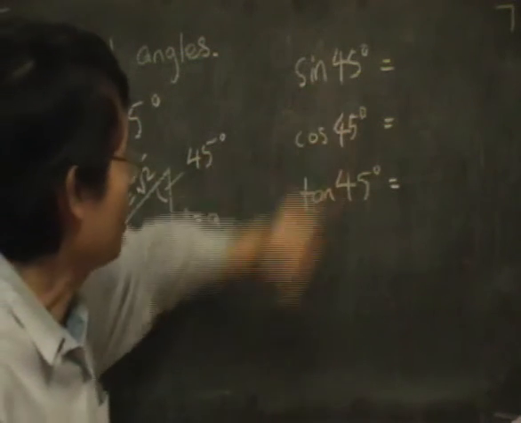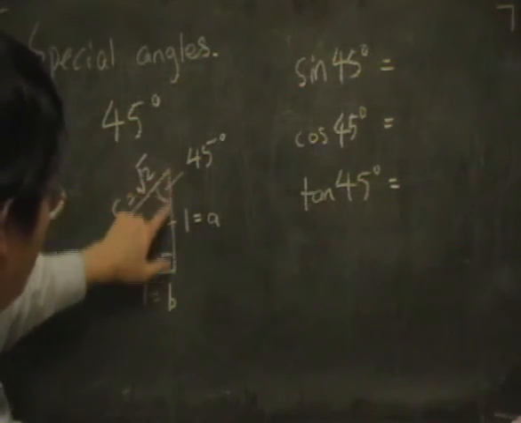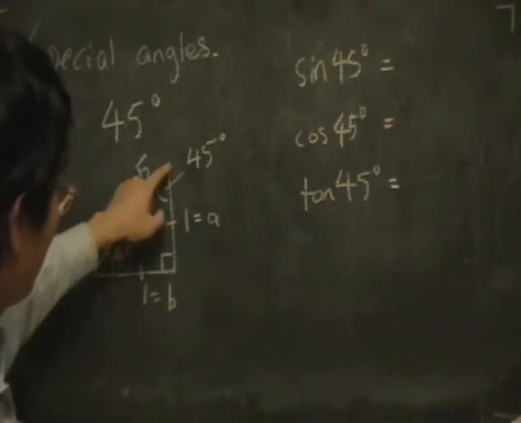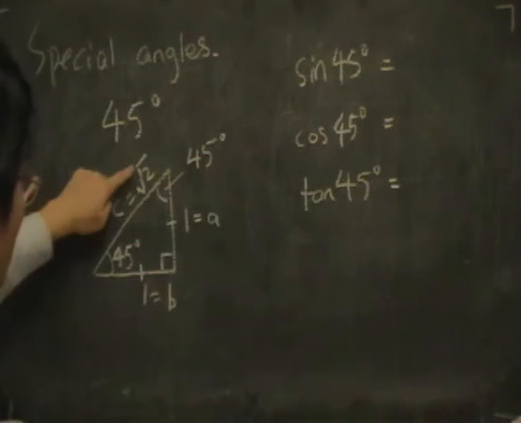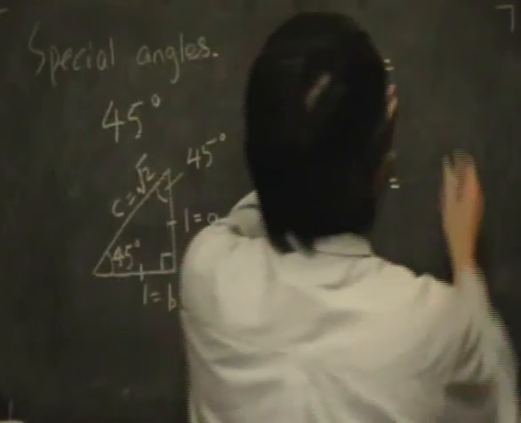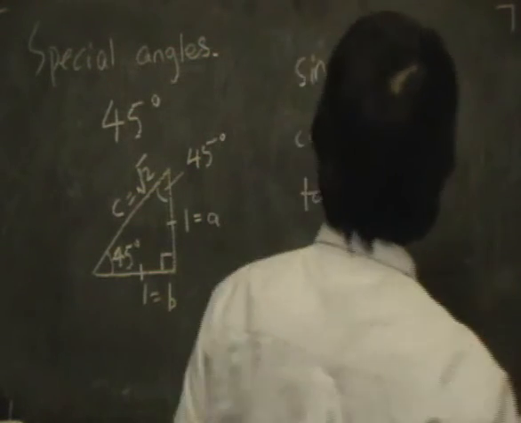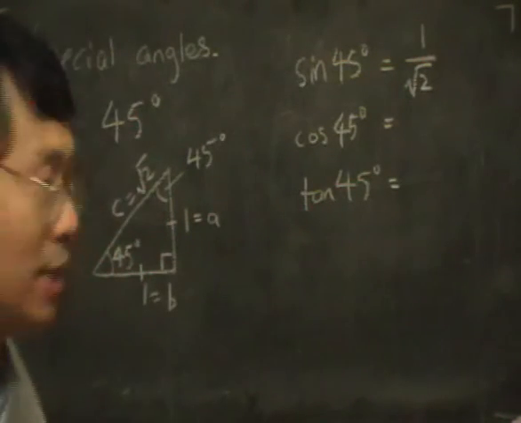Sine 45 degrees, sine of this angle is the opposite, which is 1, divided by the hypotenuse, which is square root of 2. 1 over square root of 2. That's the correct answer.